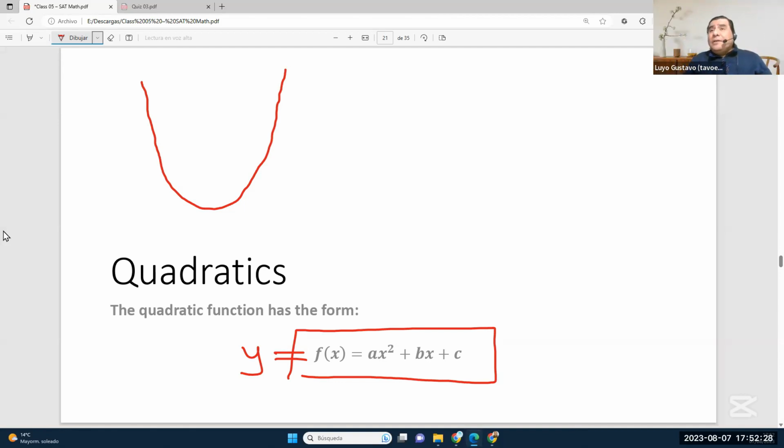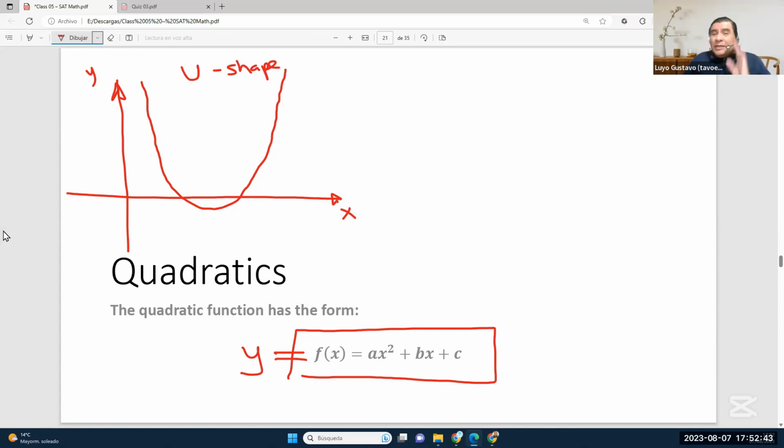So you can have the curve like this. For example, this is the y-axis, this is the x-axis, okay? It could be a U shape oriented upwards, and there is here like a lowest point, which is called a vertex.